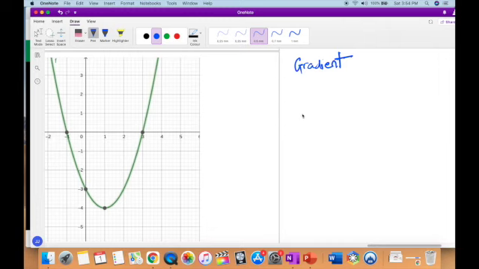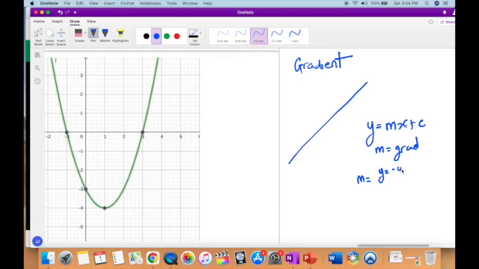When we have a straight line, we know y equals mx plus c, and m is the gradient, right? We know that. And we just get m by this formula, y2 minus y1 over x2 minus x1, right? And let me just say these are the axes here, and that is the line that we do, right?